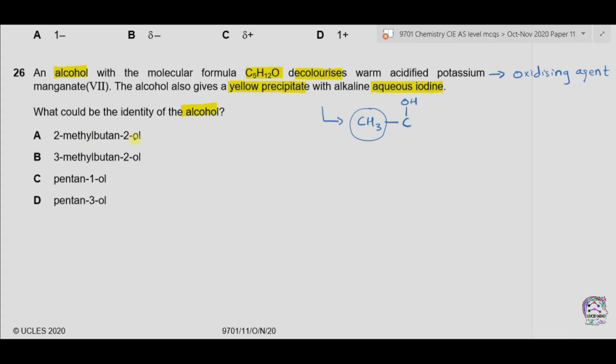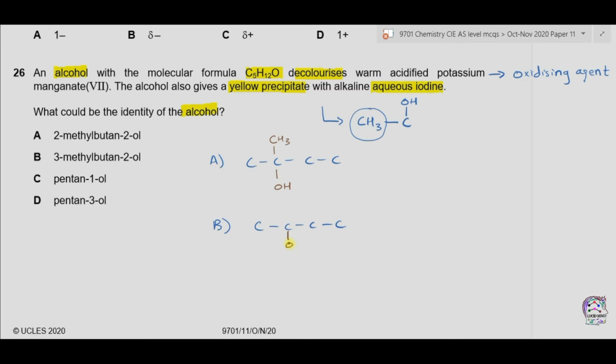We have A, 2-methylbutan-2-ol. Let's draw the structure. We have 4 carbon atoms, and on the second carbon we have a methyl group and also the alcohol functional group. B is 3-methylbutan-2-ol. Again we have 4 carbon atoms.